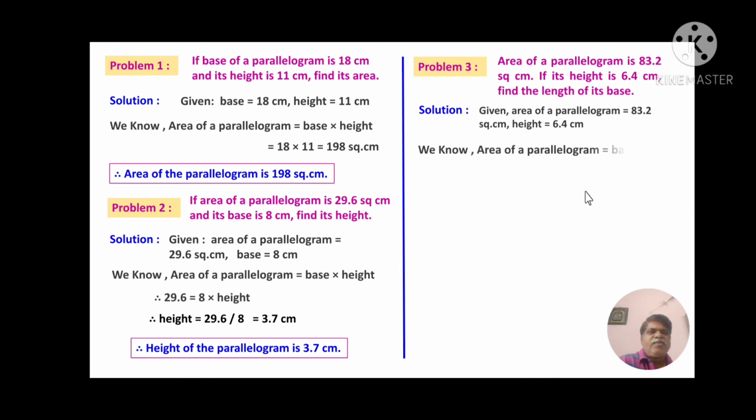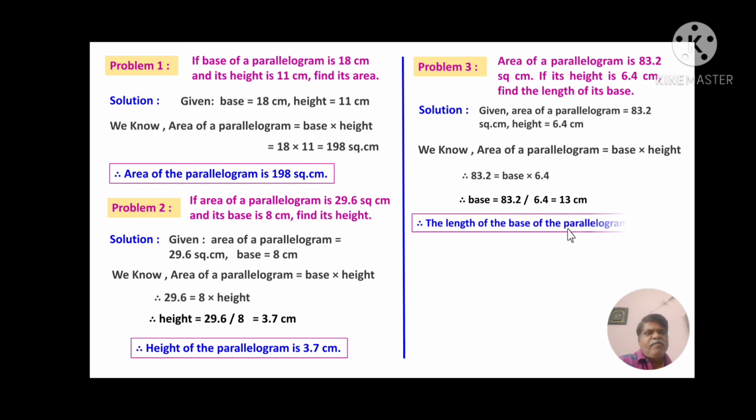We know that area of the parallelogram is equal to base into height. Therefore, 83.2 is equal to base into 6.4. So base is equal to 83.2 divided by 6.4, and the result is 13 centimeter. Therefore, the base of the parallelogram is 13 centimeter.